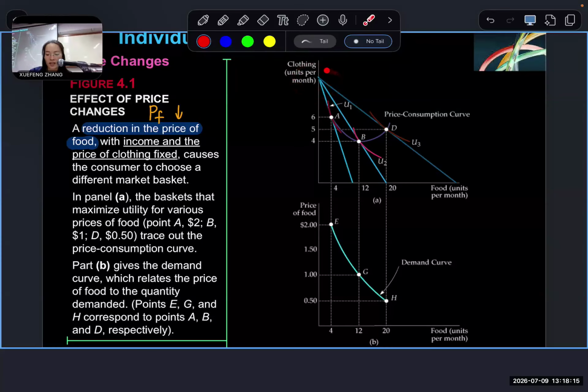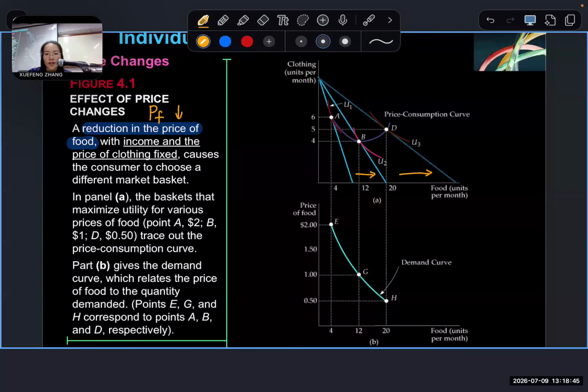Because income is fixed, but the price of food becomes cheaper, that means the budget line rotates outwards, right? From here to here, and then here. Remember, rotate outwards. Because if price of food decreases, that means you can buy more food, right? So here we have the budget line rotates outwards.